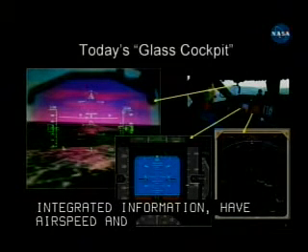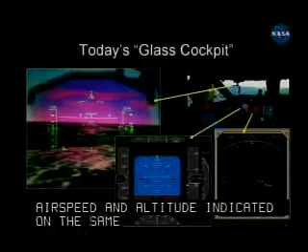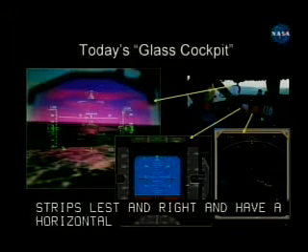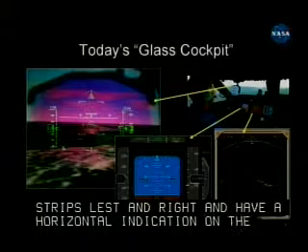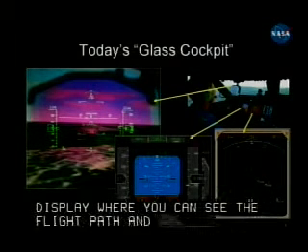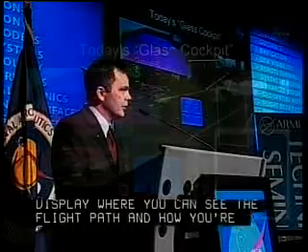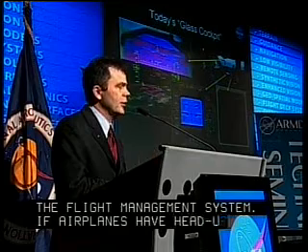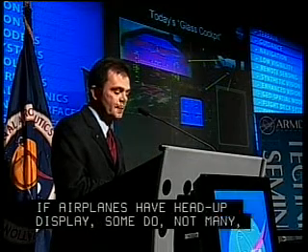And then we have a horizontal situation indicator on the right, more commonly called the navigation display, where you can see your flight path and how you're progressing along the path that you've input into something called the flight management system. If airplanes have head-up displays, some of them do, not many, but some do, it's basically a repeater of the primary flight display, but it lets the pilot keep his eyes out at all times.